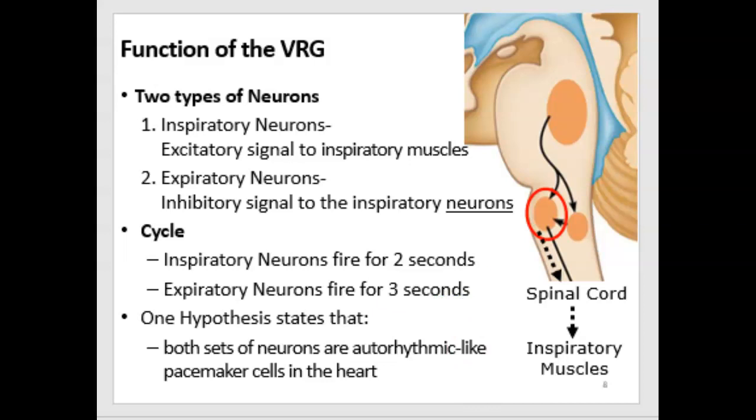We really don't know exactly how they work, but there's one hypothesis that states both sets of neurons are somewhat autorhythmic, a lot like the pacemaker cells of the heart, although they haven't actually found channels that are open and spontaneous depolarization due to an ion channel, but that's one hypothesis.